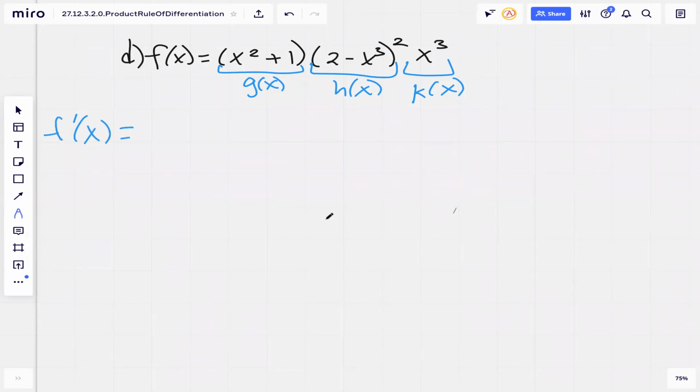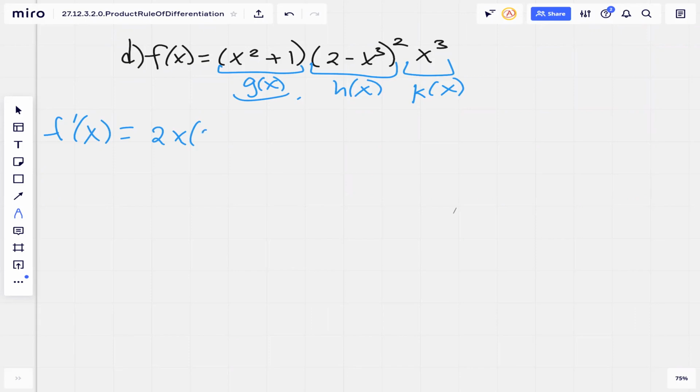What we do know is we need to take the derivative of the first function. Every function has a chance to have its derivative taken once. So the derivative of G of x is 2x.